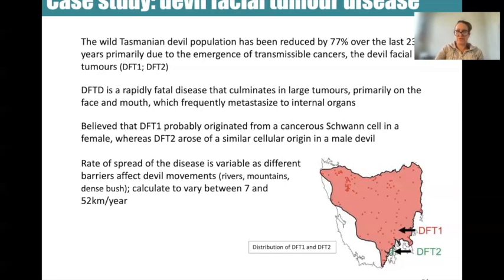So this figure here just shows the distribution of DFT1 and DFT2. DFT1 is pretty much across most of Tasmania in the devil populations.